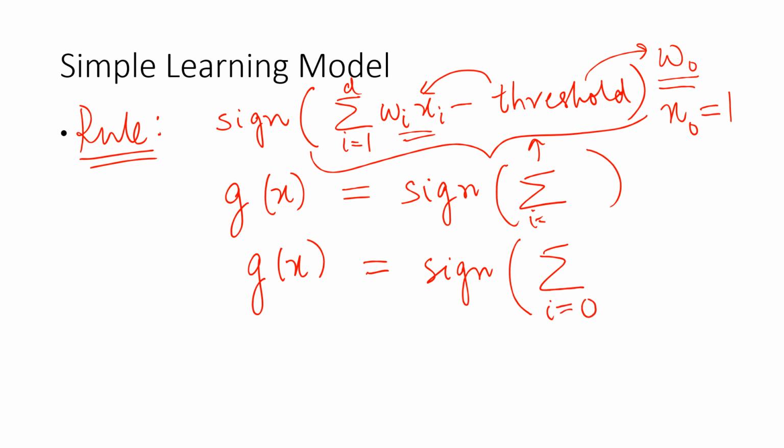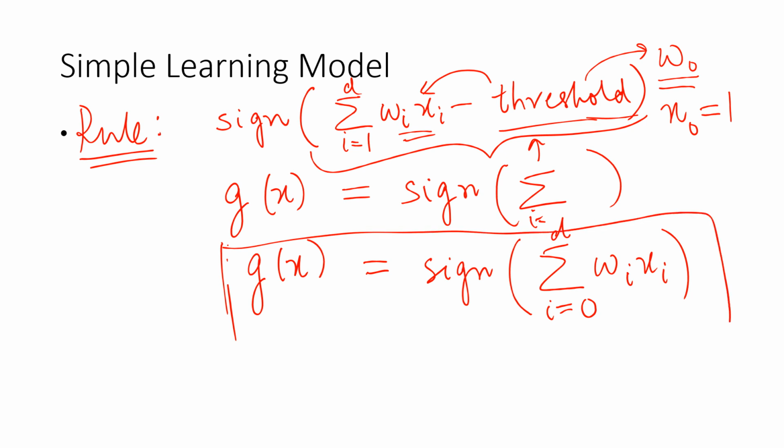Now focus on i equals 0, because until now the summation was from i equals 1 and went until D, of Wi xi. It didn't really change anything much, because this entire thing can be represented by this new variable, W0, and x0 will always be 1. So this is more convenient because, as you can see, it is compact, and this is my final hypothesis for this particular problem.